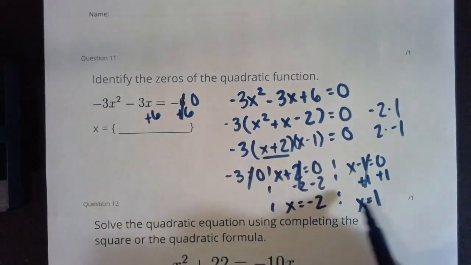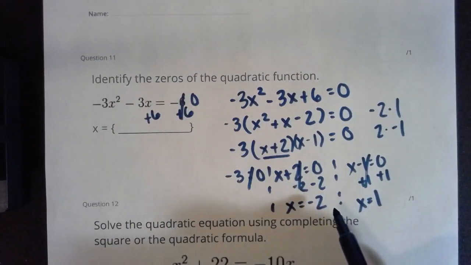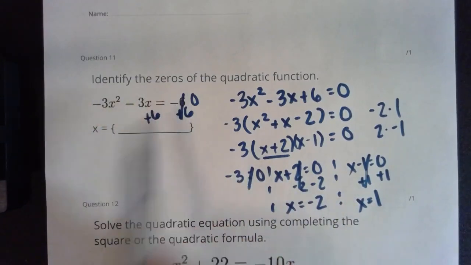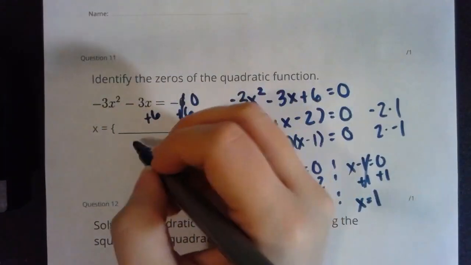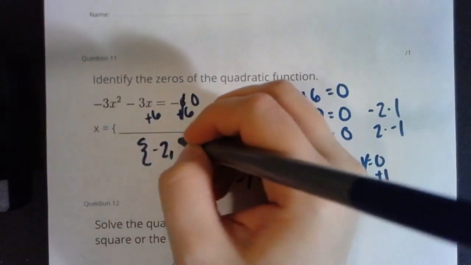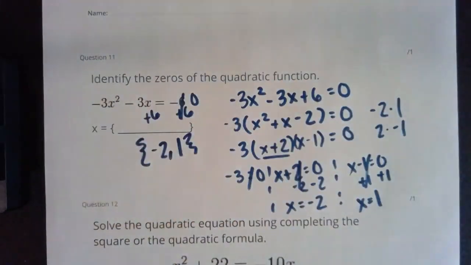So through the zero product property here at the end, I know that my two values of x that will make this equation equivalent to 0 are negative 2 and positive 1. Again, if you wanted to solve that using the quadratic formula, you definitely could.